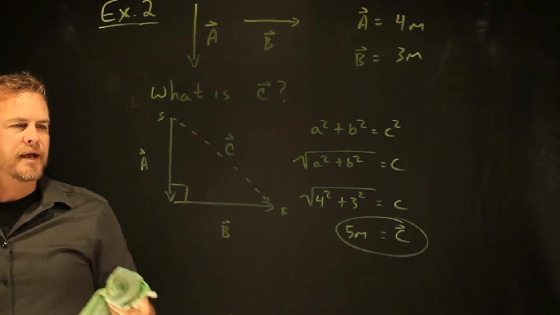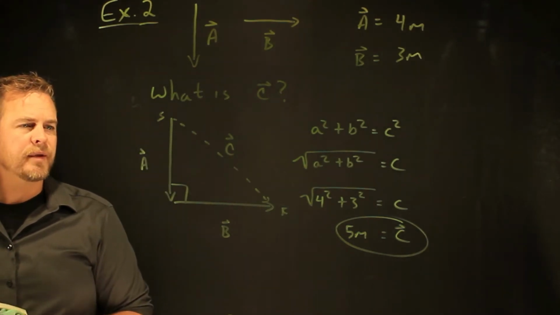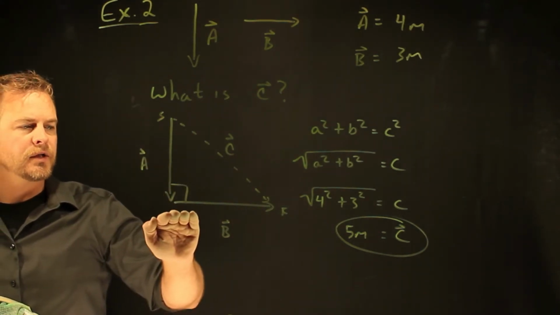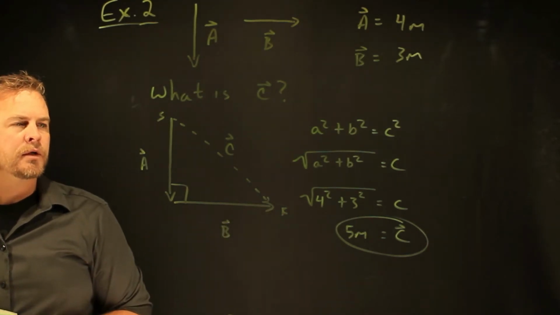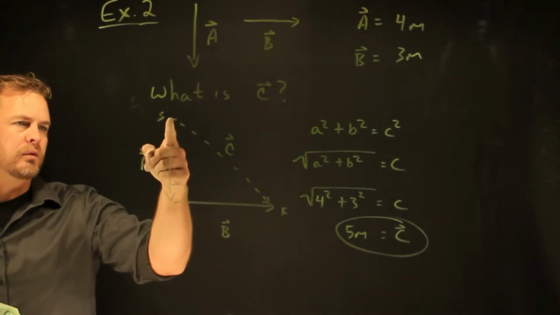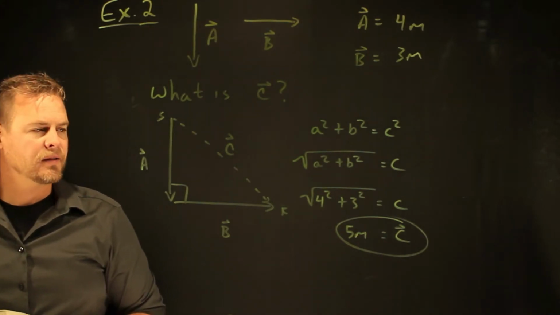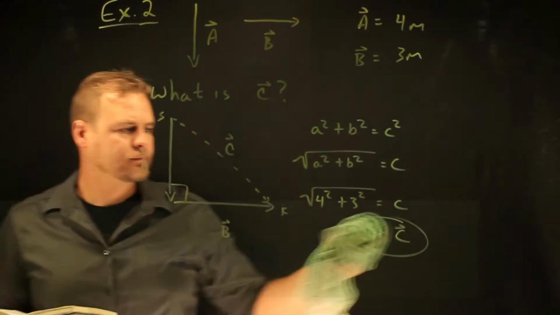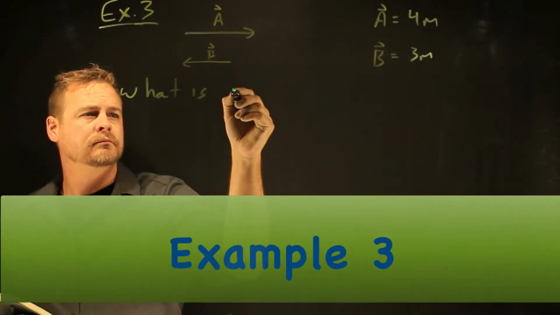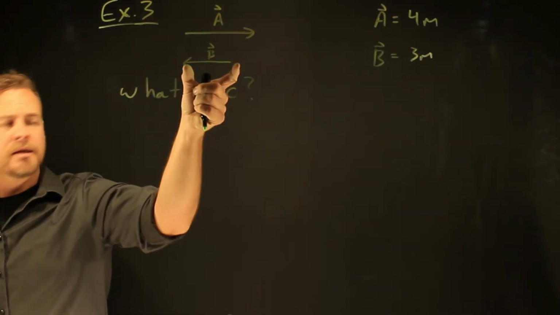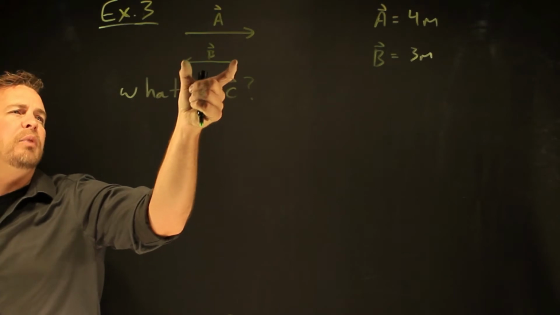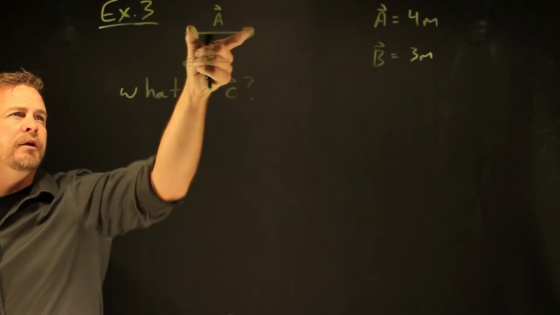What I did was I added the y dimension component to the x dimension component to get a composite or a resultant vector that is in both the y and the x dimensions at the same time. Alright, so now I have an anti-parallel vector to the first one.